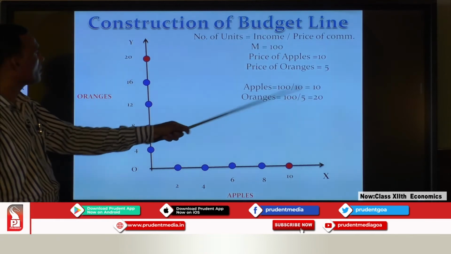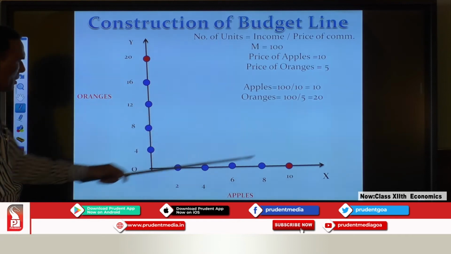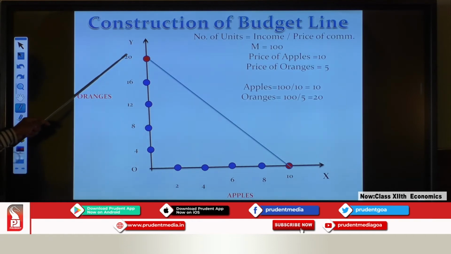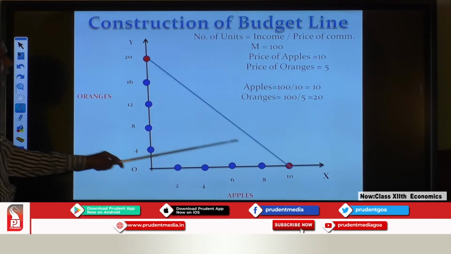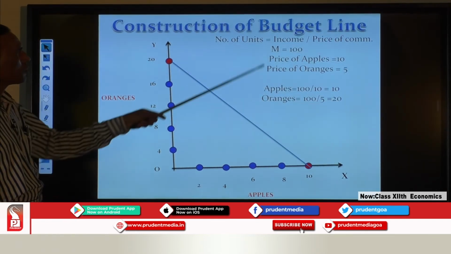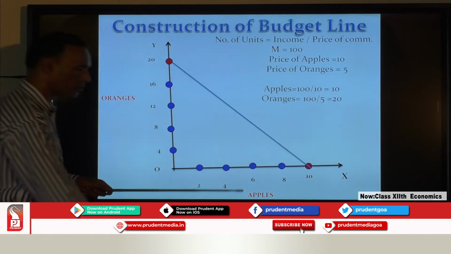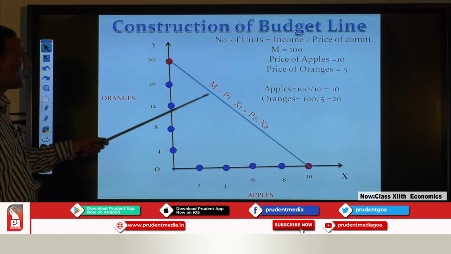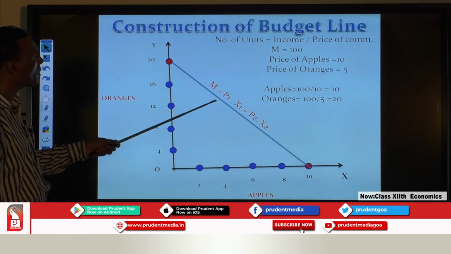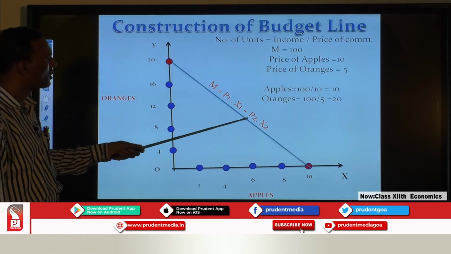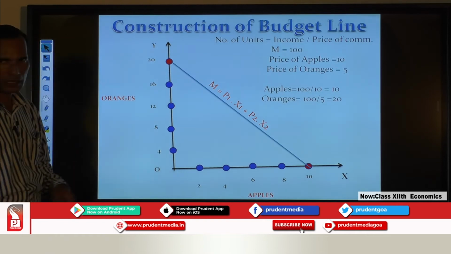For oranges, it has become 20. So, I have plotted on the y-axis. Now, join both the points, 20 and 10. So, this is the budget line that we got by using this example. And the function of the budget line is M equals P1 multiplied by x1 plus P2 multiplied by x2.